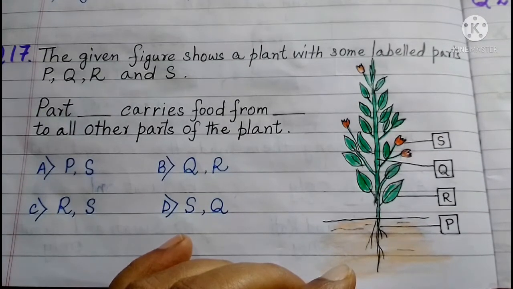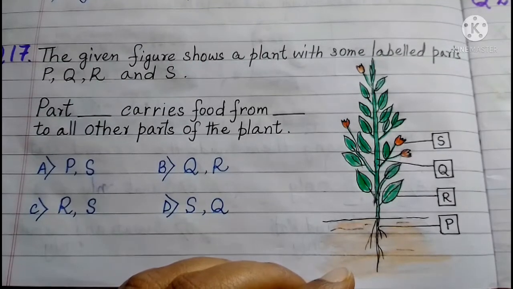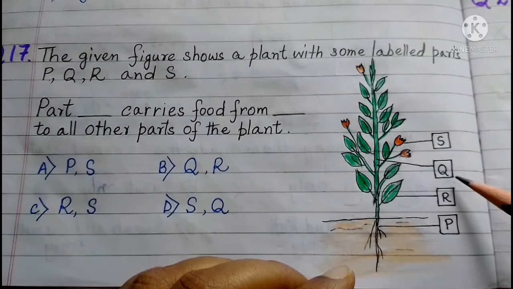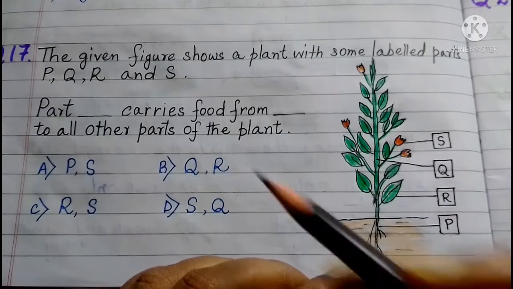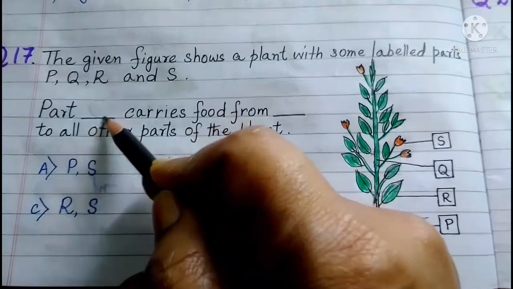S or flower forms seeds through which new plants are formed and the new generation is obtained. So here we can clearly see that Q is the only part that carries food prepared by the leaves. So it will be Q here.